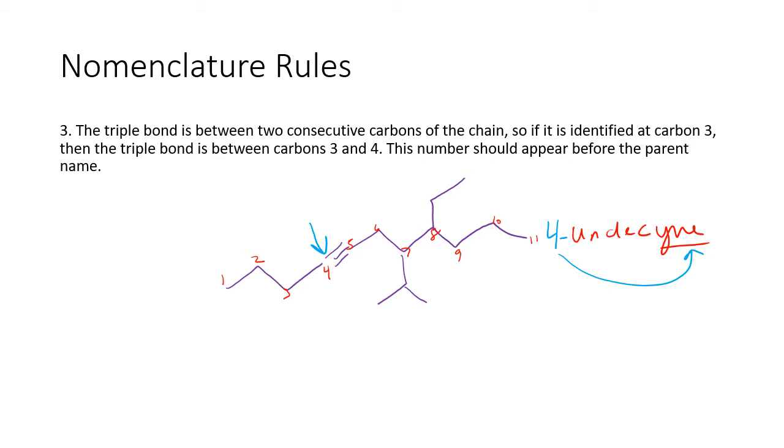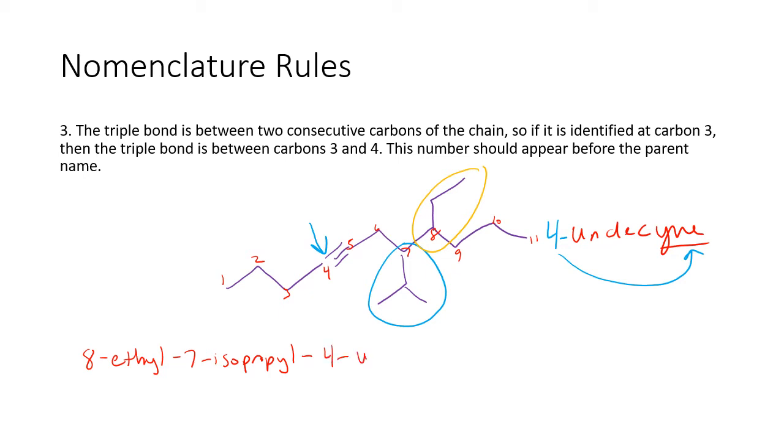At 7, we have isopropyl, which goes by I, and at 8, we have ethyl, which goes by E. So our full name here is going to be 8-ethyl, 7-isopropyl, and isopropyl is not hyphenated, which is why in ABC order it goes by I. And then ending this, we have 4 as the position of our triple bond, and then 11 carbons, undec, new suffix is "-yne," so 4-undecyne.